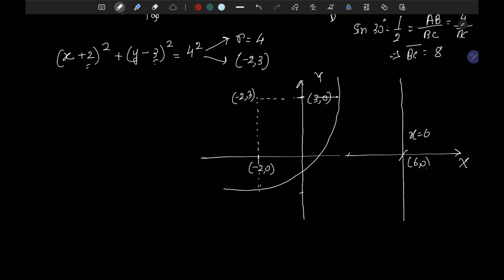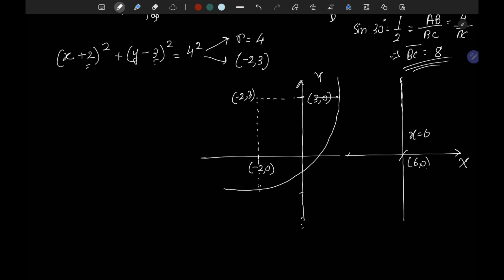Now your locus, we found out that the radius of the locus was 8, or the radius of the larger circle is 8, and the question has asked where does that larger circle or the circle L touch this particular line.